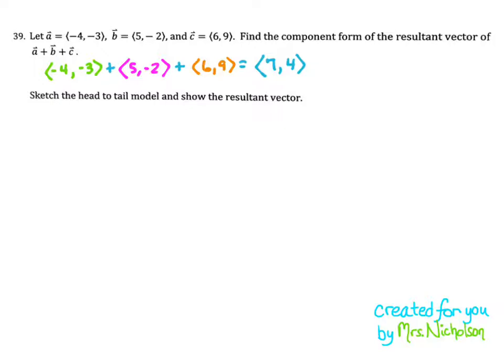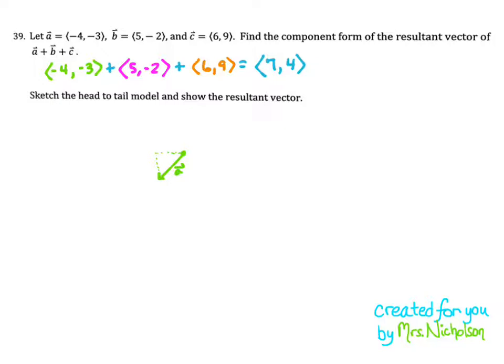So I'm going to start with vector A. Let's start right here. Vector A, both its components are negative. So -4, -3.